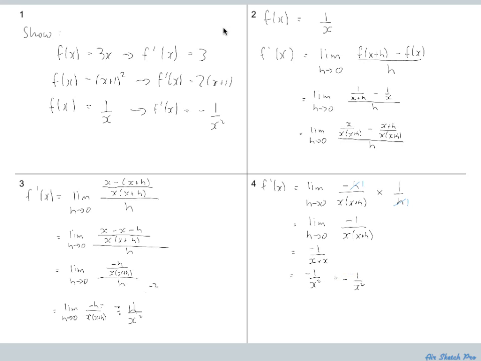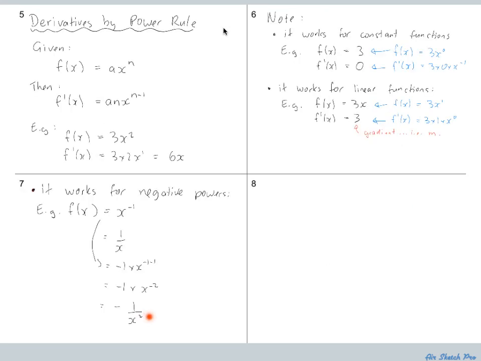It is confirmed that the power rule would give us the same result because a fraction can be written as a negative power. Okay? And you can see that it will give me the same result. So that's cool. And one thing I'm not going to demonstrate, but I'm just going to do an example, is that it works for fractional powers.